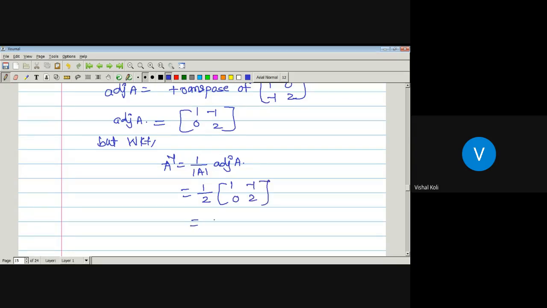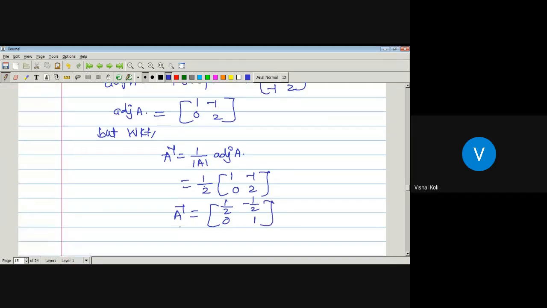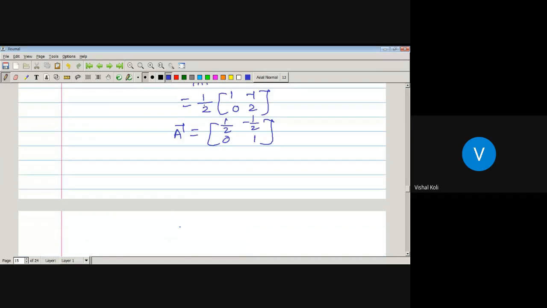And we know that K into any matrix A is the matrix obtained by multiplying each element of A by K. Here K equals 1 by 2, so just multiply each element of our matrix by 1 by 2. So we get 1 by 2, minus 1 by 2, 0, and 2 into 1 by 2, which is 1. So the inverse of the given matrix will be this one.